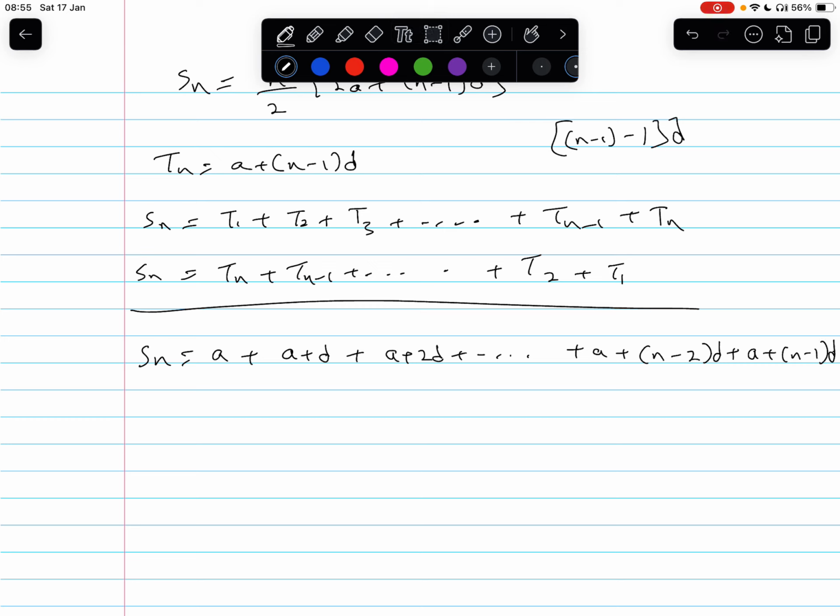Cool. And then we do the same in reverse. We're just going to copy that. We change the order here. We start with the last one.